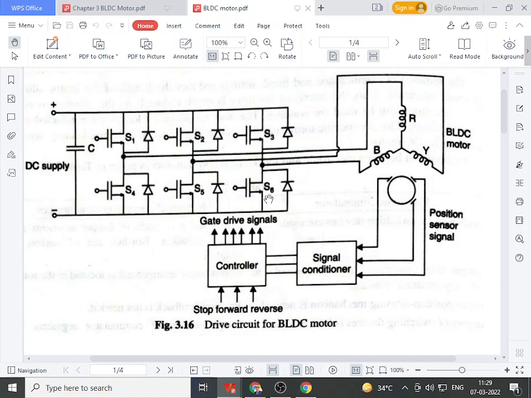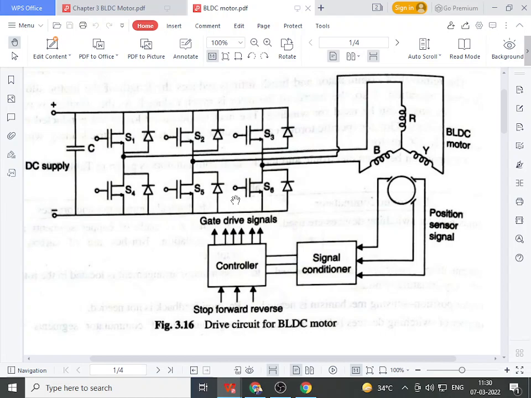The switching sequence is determined by the controller in such a way that at a time three switches are turned on. Out of those three switches, two are from the upper leg and one from the lower leg, or one from the upper leg and two from the lower leg. So that is the actual sequence.